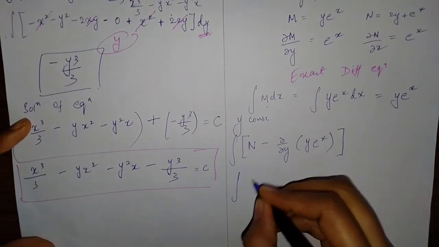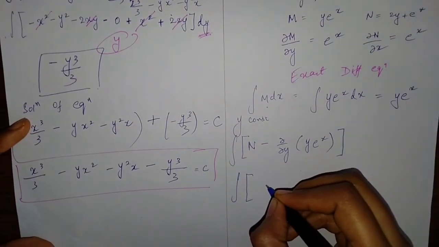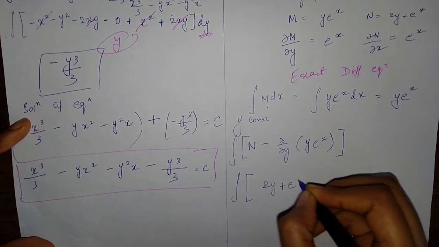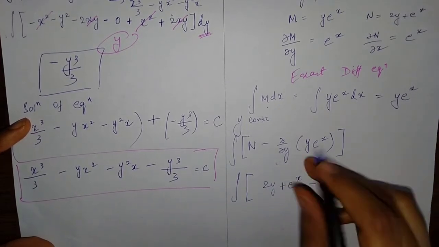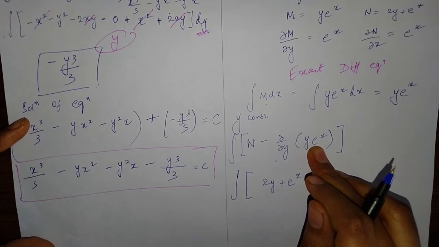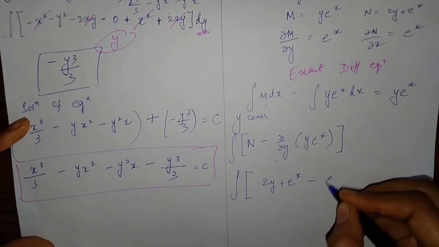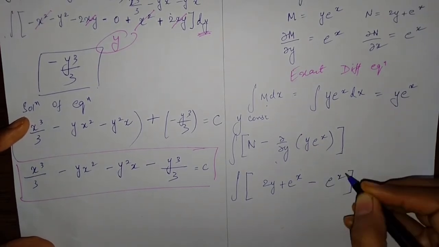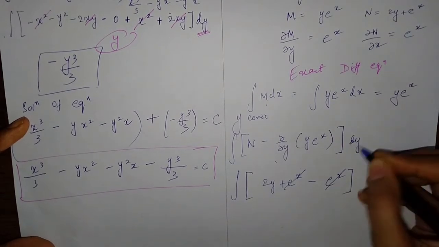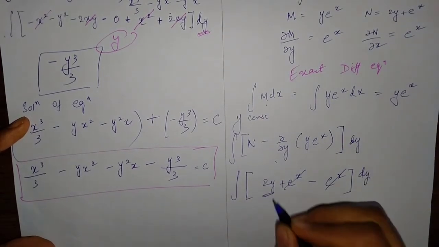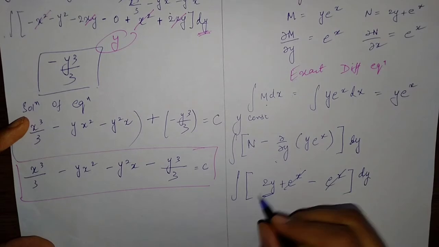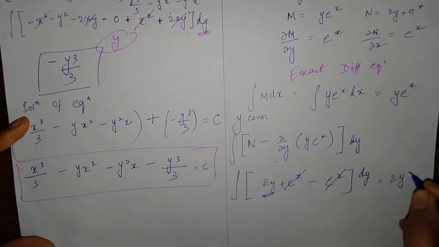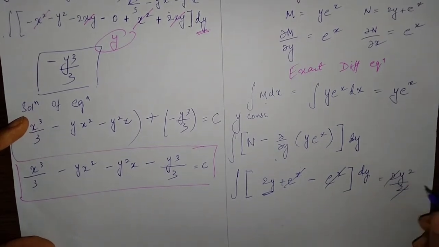So what is our n? n is 2y plus e raised to x, and if I partially differentiate this term, then I will get e raised to x. So both the terms will get cancelled again. So only the y term is remaining, and if I integrate it, then I will get 2y square by 2, that is y square.